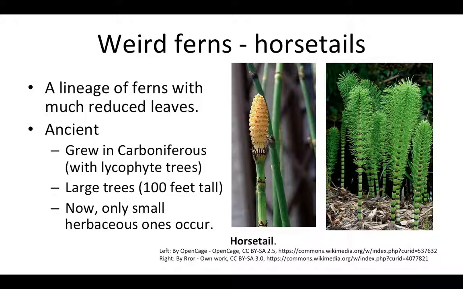So what's pictured here are two different kinds of horsetails, also called equisetum. You can see sometimes they make these leaf-like side appendages, but the ones that we more commonly see only have these tiny leaf-like appendages, and otherwise the photosynthetic part of the plant is the stem itself.